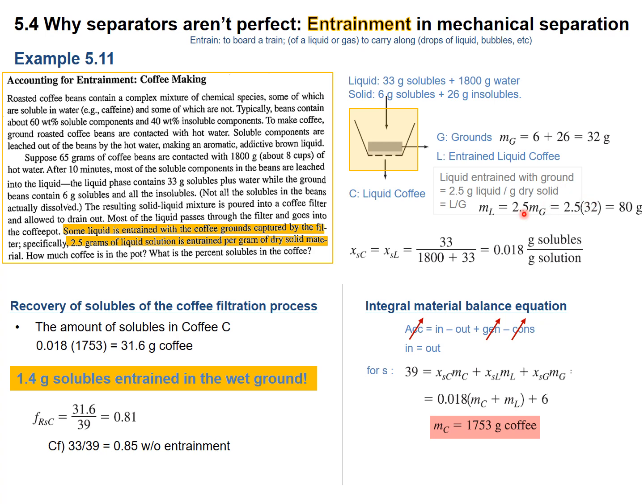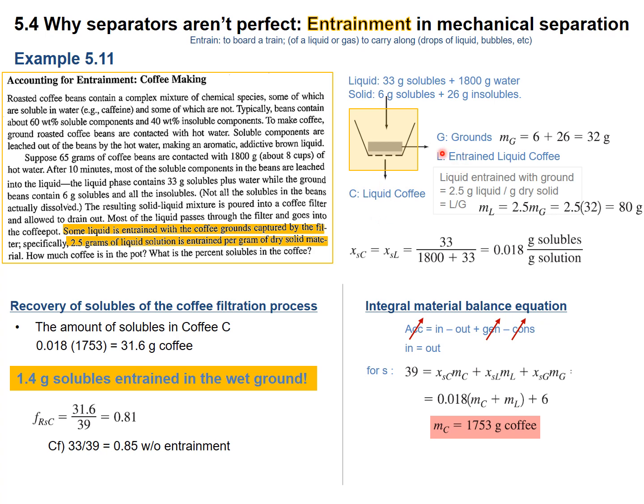One more thing. We could easily calculate the mass fraction of solubles in coffee, I mean the C stream. This value is the same as the mass fraction of solubles in the L stream, because that is the coffee. We have already extracted the solubles from the coffee bean, and the concentrations are the same for the C stream and L stream.